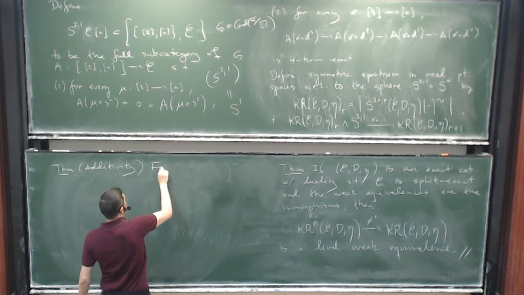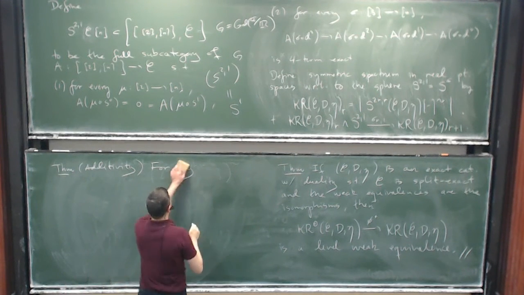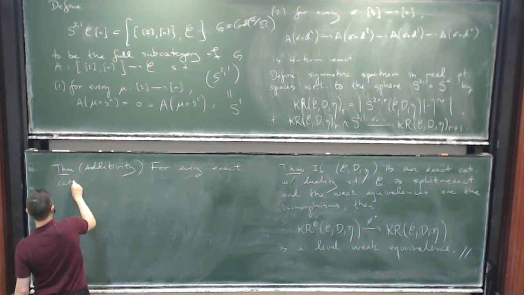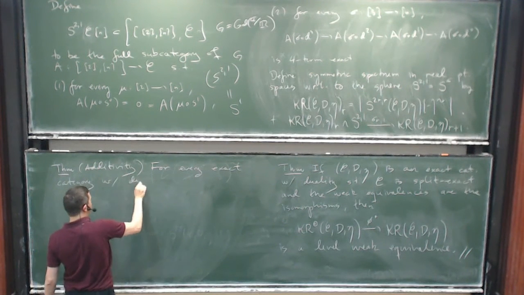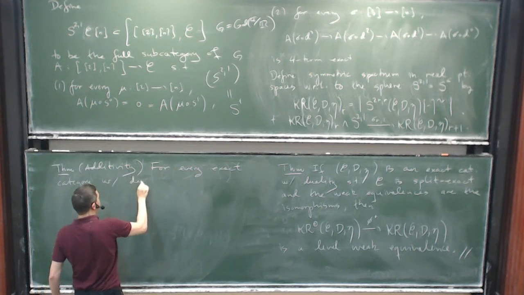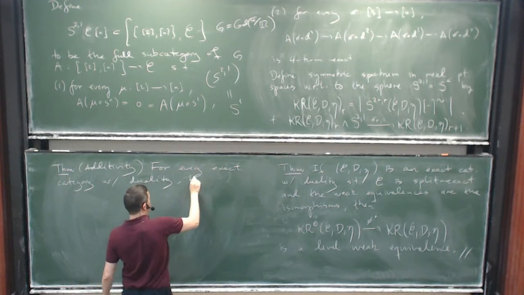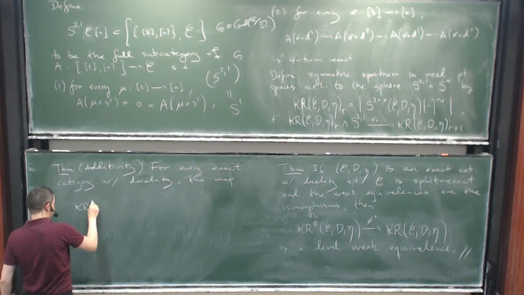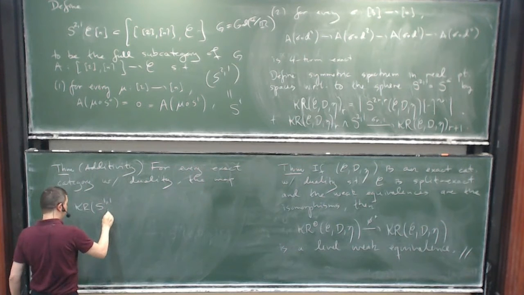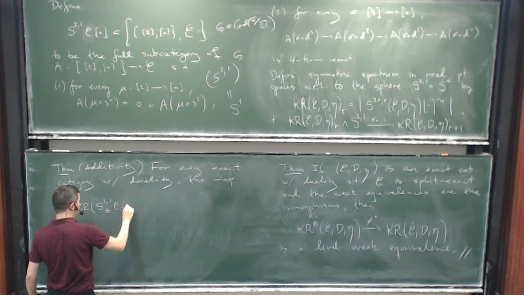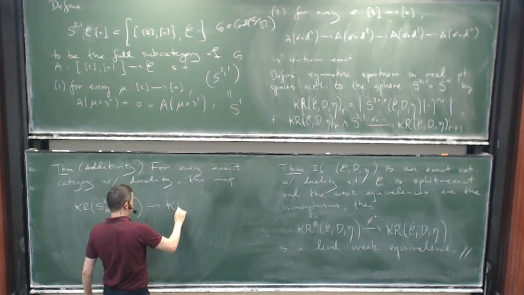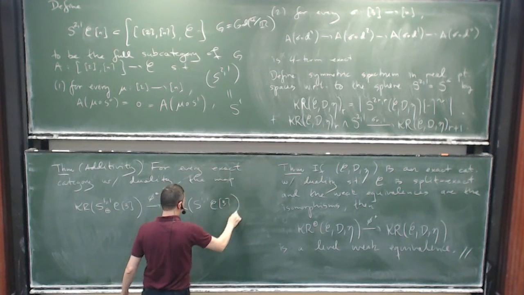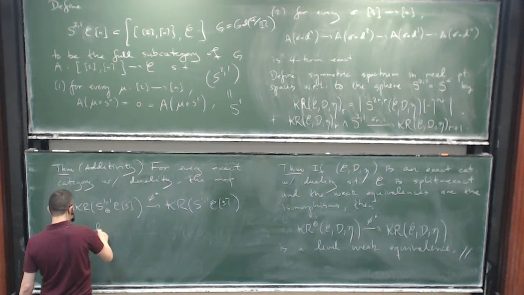For every exact category with duality, the map from K^R of S^{1,1} plus C to K^R of S^{1,1} C is a level weak equivalence.